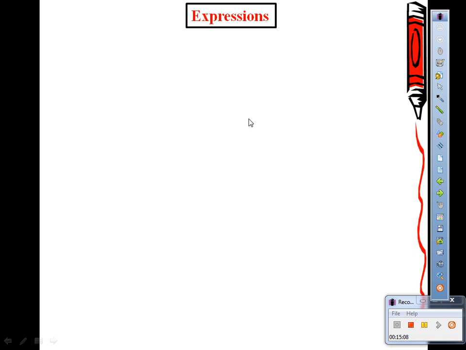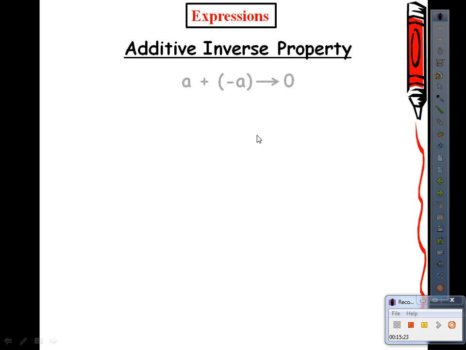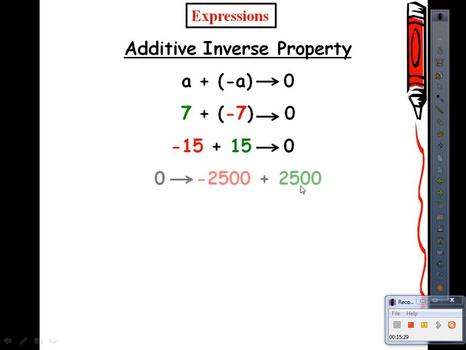All right. Next, here's a flashback. Ready? Additive inverse property. Here it goes. Don't say anything. I'm going to show you the property, and then you're going to tell your neighbor the definition. All right, share with your neighbor the definition, please.